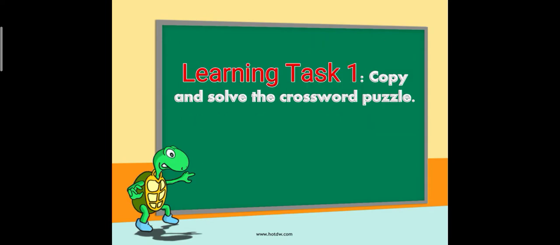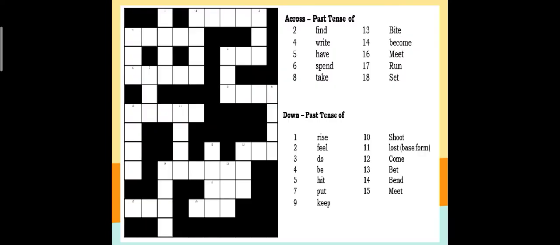Now, let's have this Learning Task 1. Copy and solve the crossword puzzle. So this is our crossword puzzle. In the across part, you need to give the past tense of the words find, write, have, spend, take, bite, become, meet, run, and set.